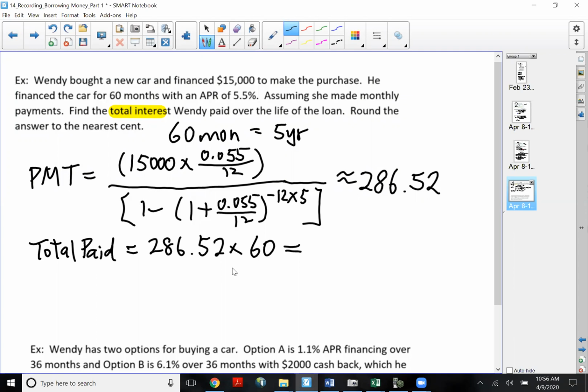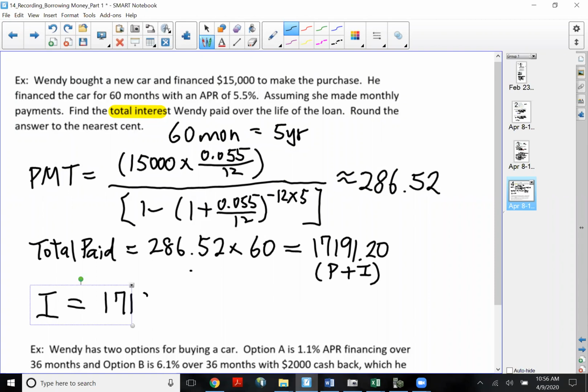So if you take 286.52 times 60, I believe you get $17,191.20. Inside this, it has both the principal, what we financed, plus the interest. So my interest will just be 17,191.20 minus what we financed, $15,000.